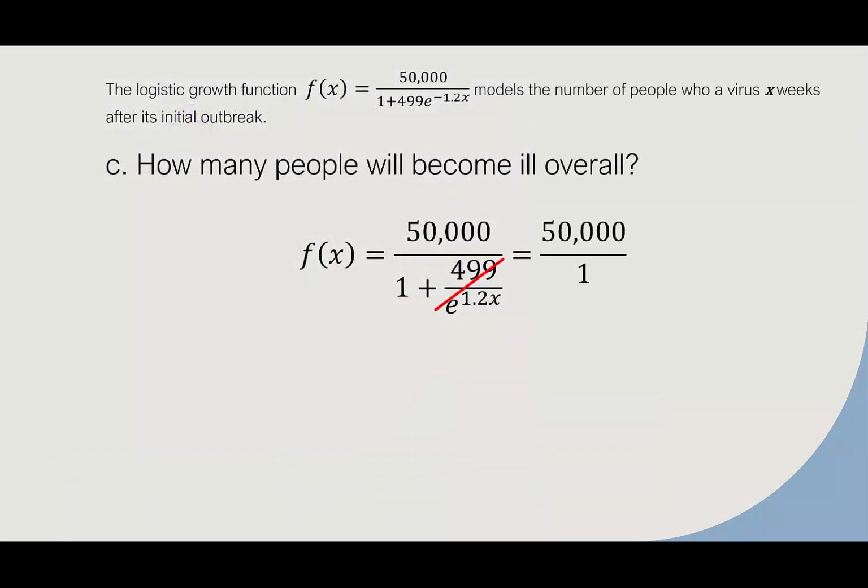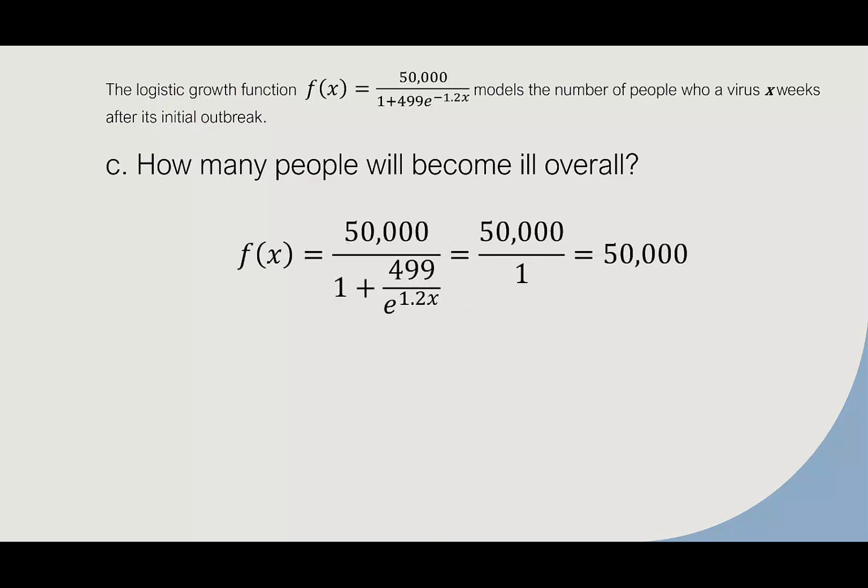Because of that, the 499 over e to the 1.2x goes away, and I'm looking at 50,000 over 1, which is just 50,000. We call 50,000 the limiting capacity of our function. So when we think back to our original model of f of x being c over 1 plus a e to the negative bx, c stands for the limiting capacity of any logistic growth model.